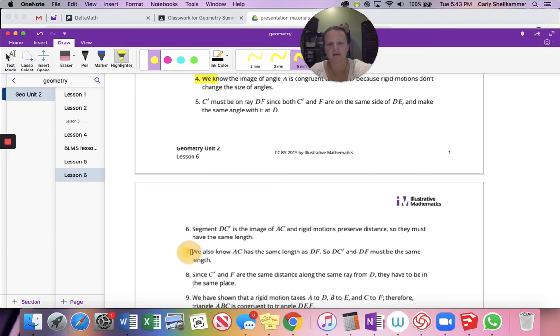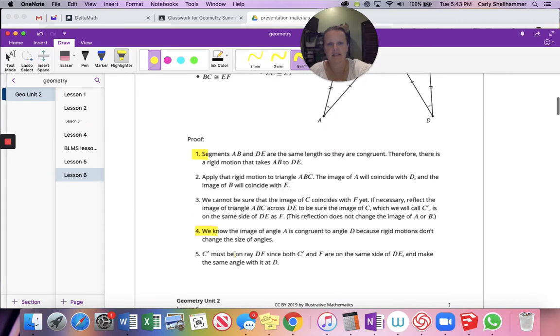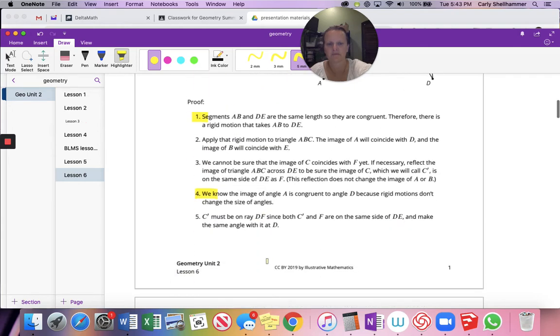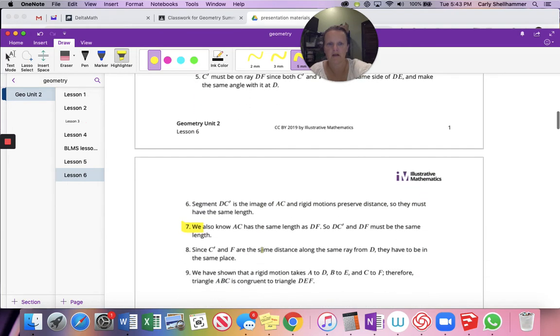That sounds familiar. So AC and DF is right there. AC is congruent to DF. So DC prime and DF must be the same length because we set up here, it's not highlightable, that they're the image of each other, so we're going to use that right here.